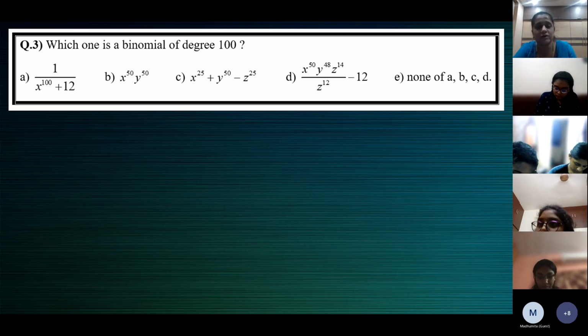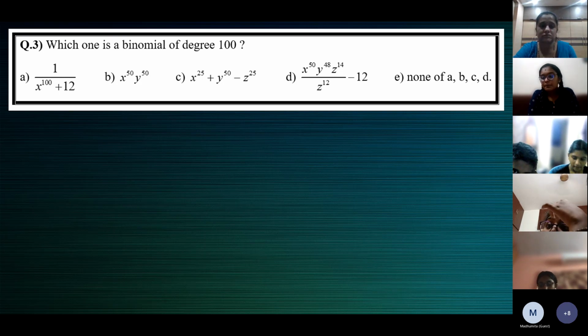Which one is a binomial of degree 100? Done writing the question?